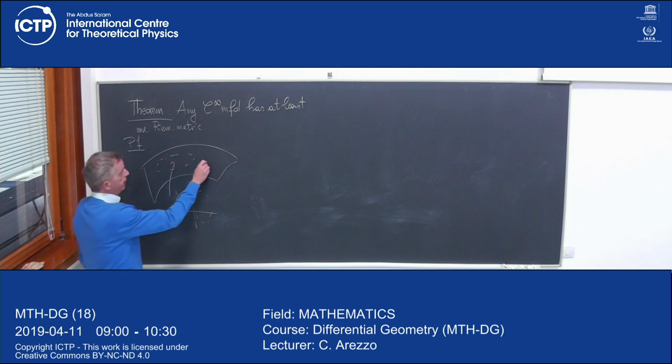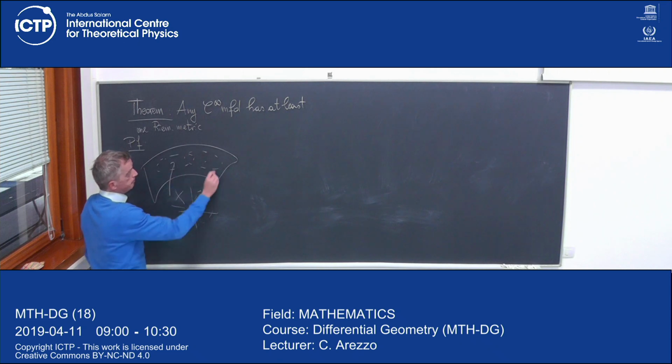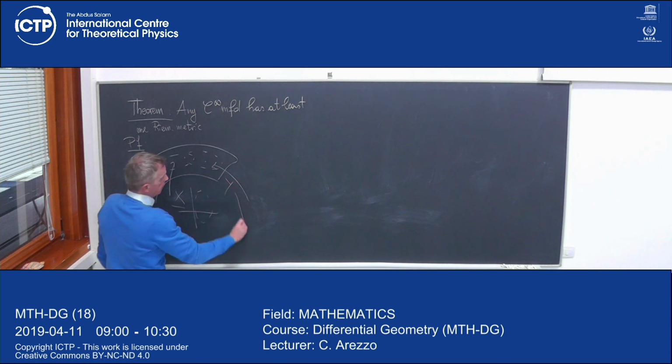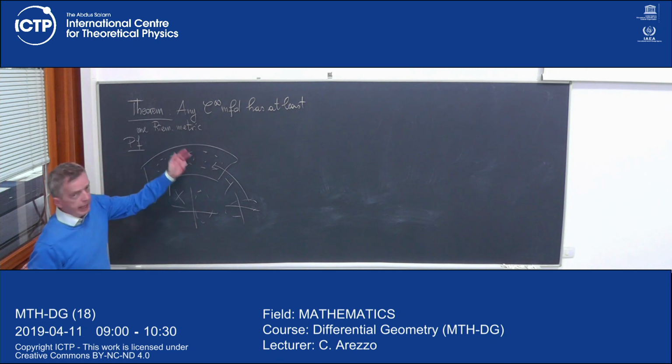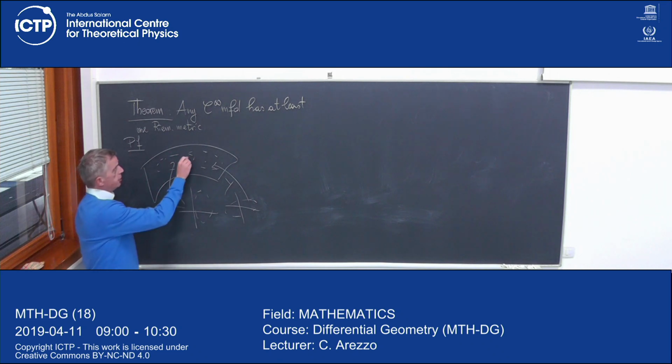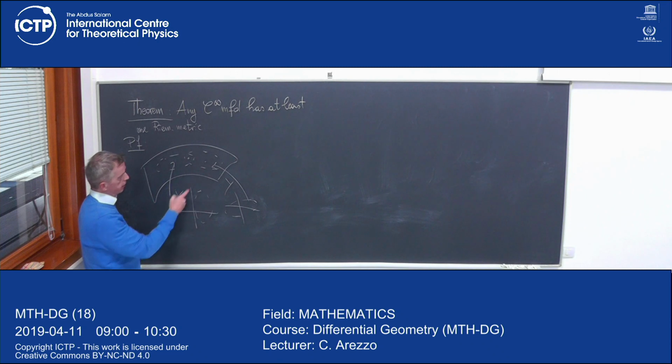But now, if I have two of these charts, and I keep on playing this game, I have a problem. Because how much is the Riemannian metric here? Well, is it the x1 or is it the y1? Of course, I don't know.